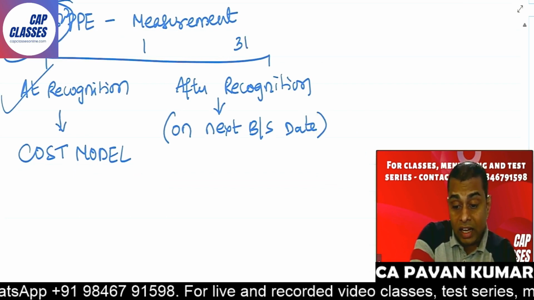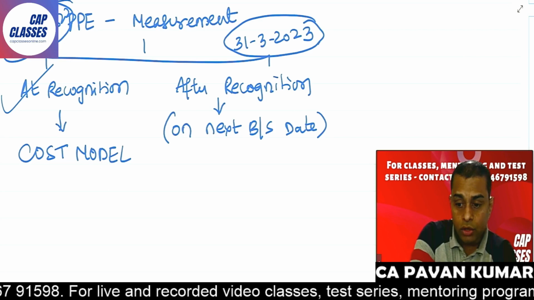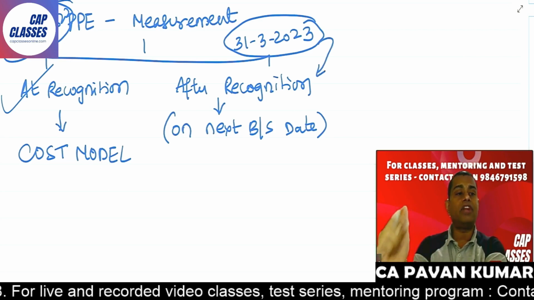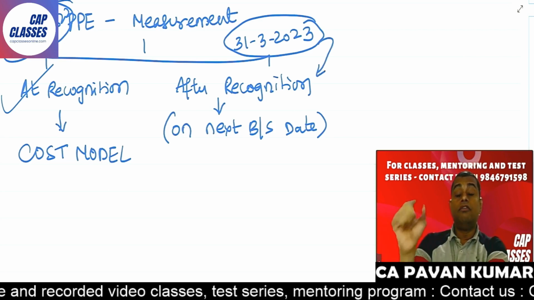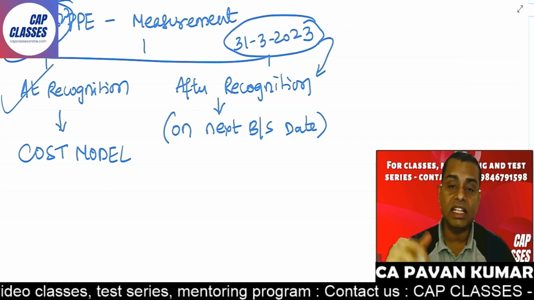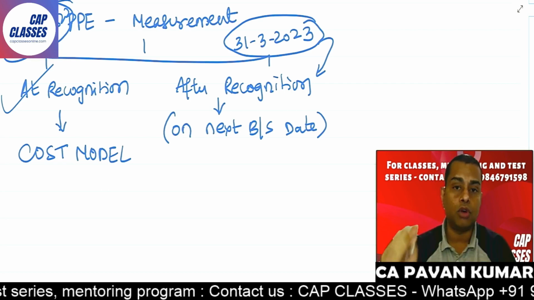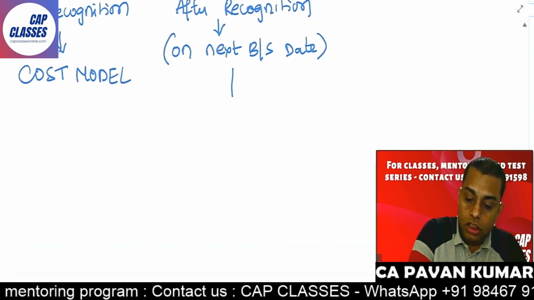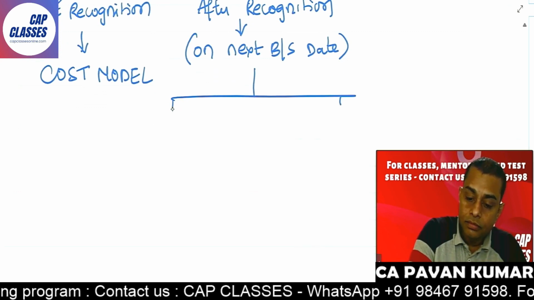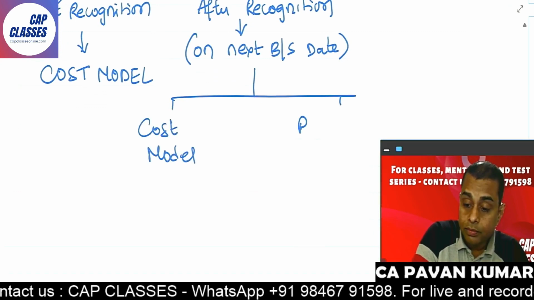So on 31/3/2023, in that balance sheet, what will you write is measurement after recognition. For measurement after recognition, Accounting Standard 10 has given you two options. One is cost model, second one is revaluation model.